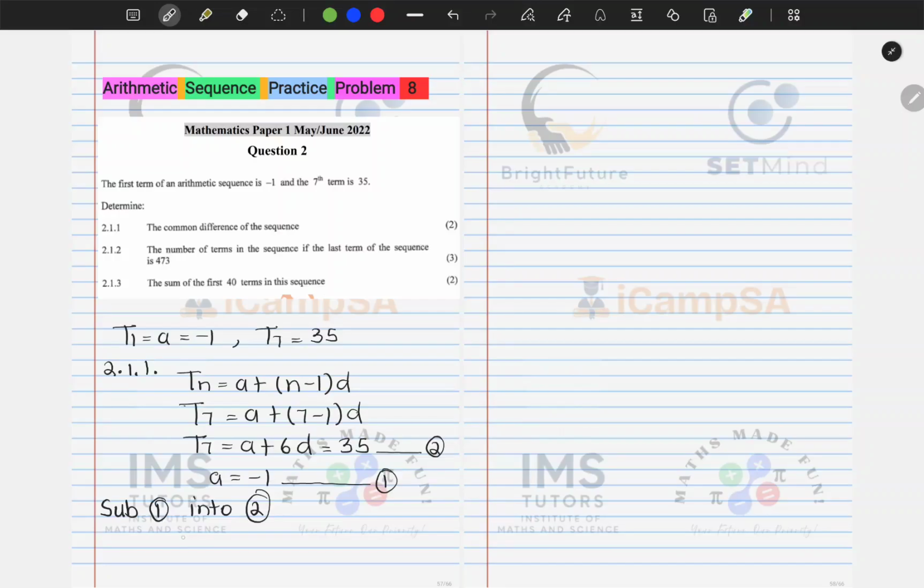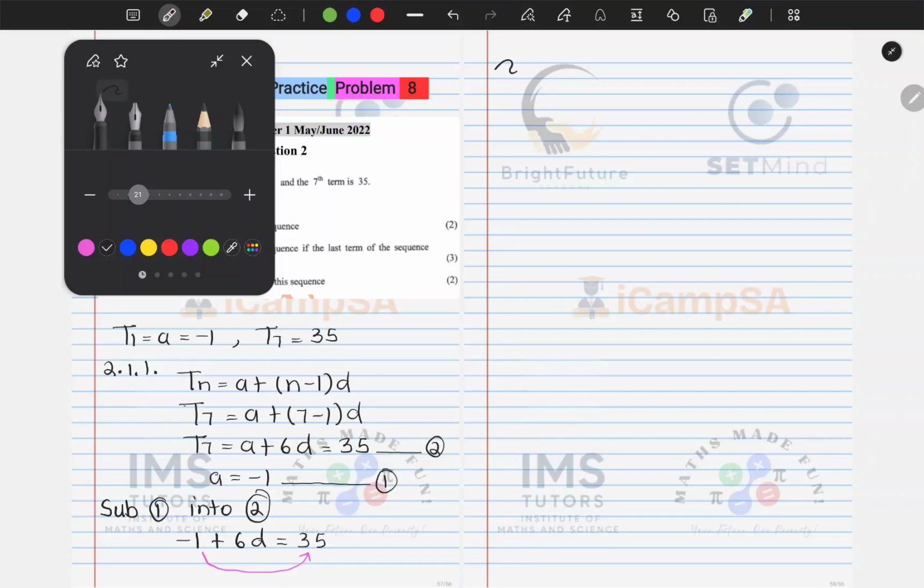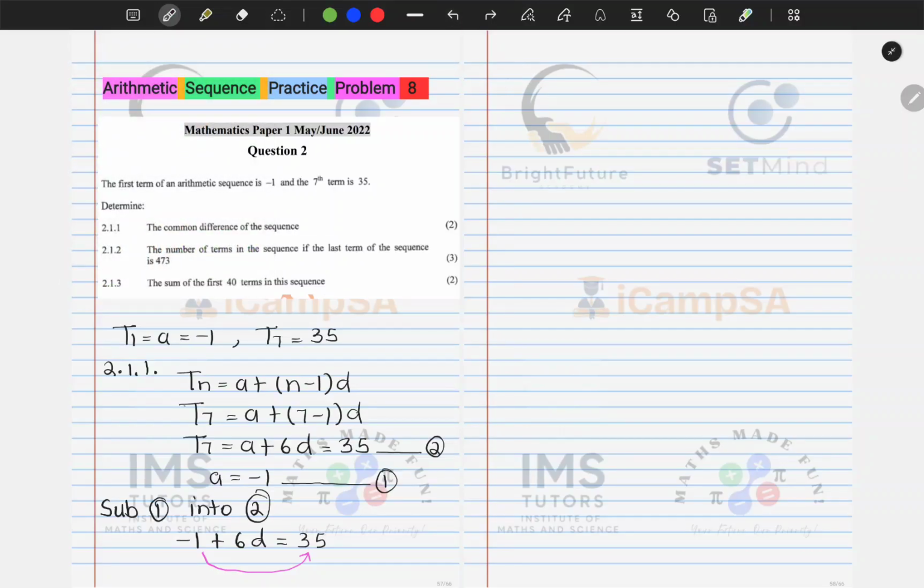If you look carefully, our a is -1 and then plus 6d, and this is equal to 35. Clearly what we need to do is transpose the -1 to the other side, so that we have 6d equals 35 plus 1, which is 36.